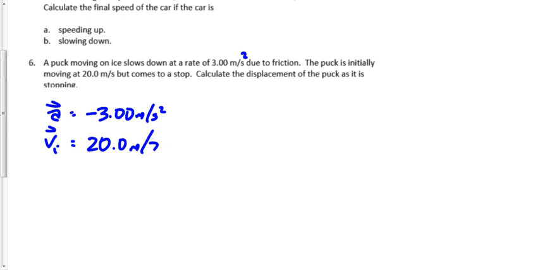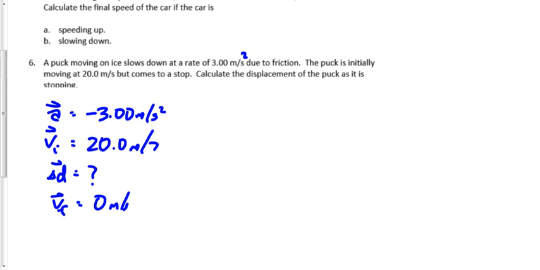Initially moving at 20, comes to a stop. We want to find the displacement here. Is there anything else that I have if I read between the lines here? Yep. Good. VF is 0. So it's given to me, right? But I have to look for it to find it.